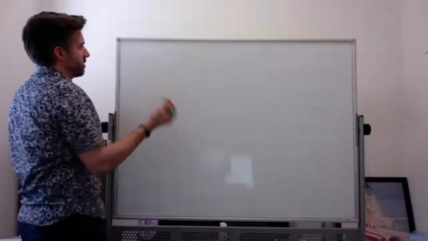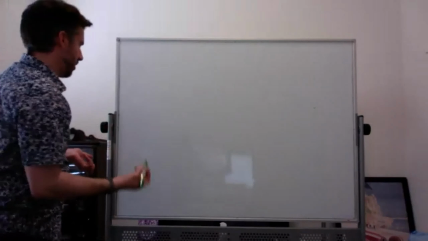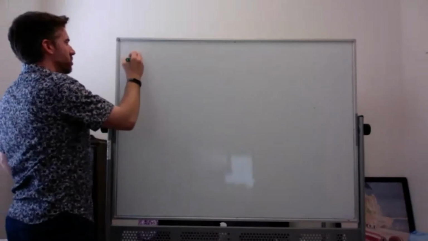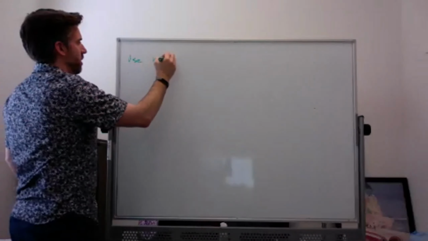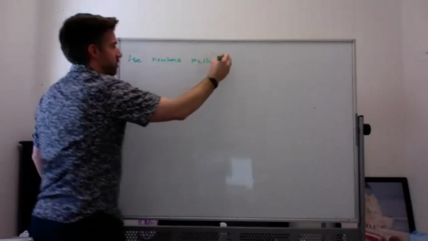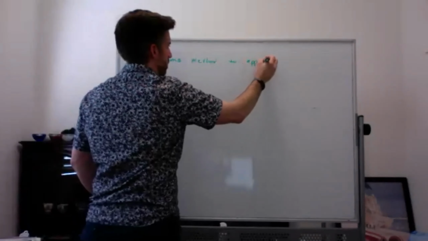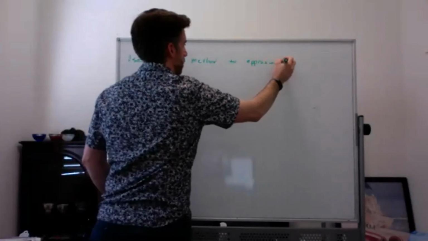So a way someone might phrase a question like this, the way people start off is, I want to use Newton's method to approximate, like, the square root of 7.